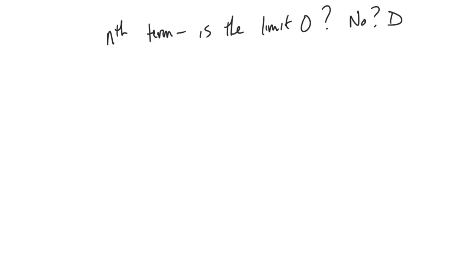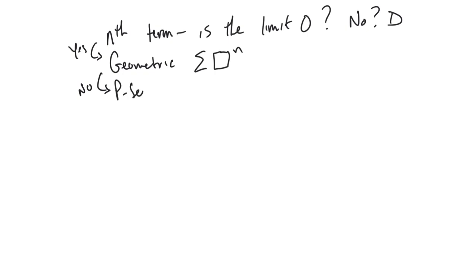If the answer is yes, we go to geometric. Geometric is something that looks like that, a number to the nth power. If it's not, we go to p-series. P-series is one where it is a number over n to a power.